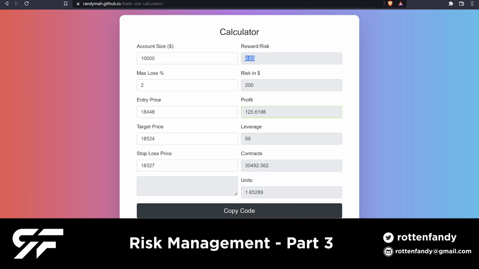This definitely wouldn't make sense because 0.63, we want it to be minimum 1.0. Higher, better, right? It gives you more leeway with the errors that you can make. You can have a lower win ratio, right? But if your risk reward is high enough, obviously over time you'll be profitable.